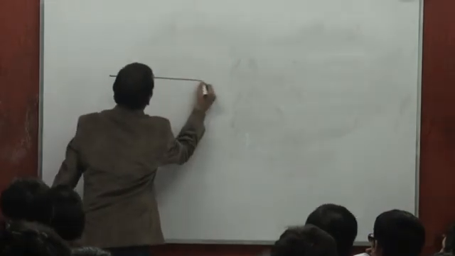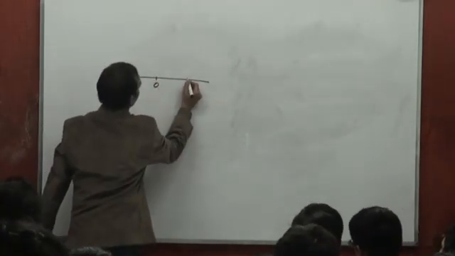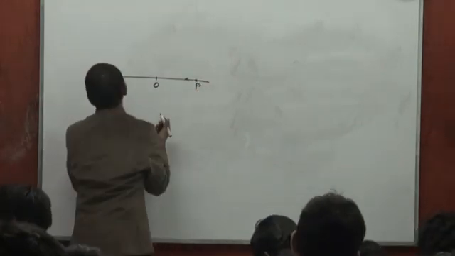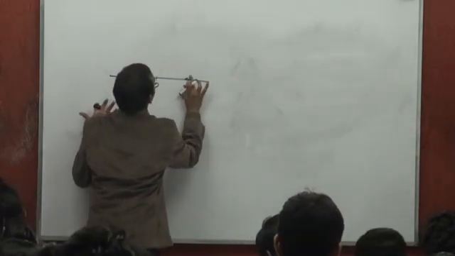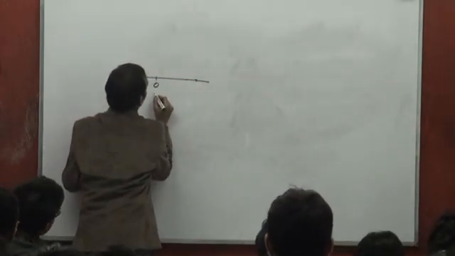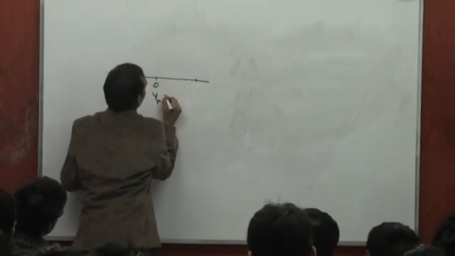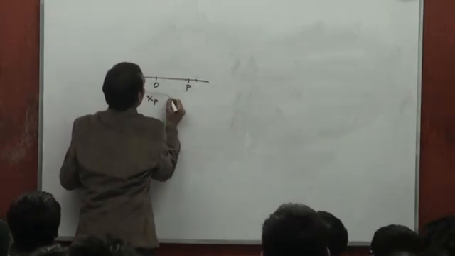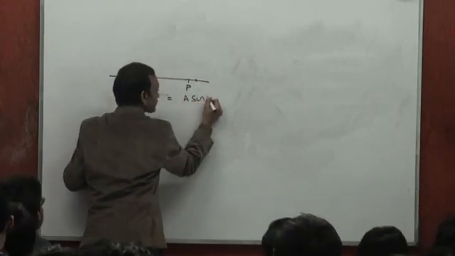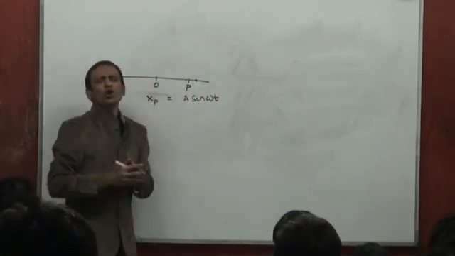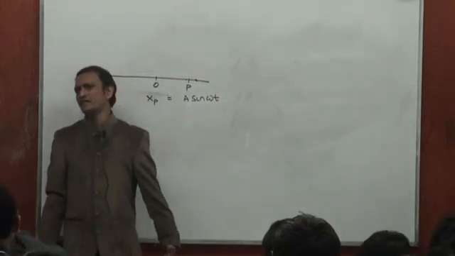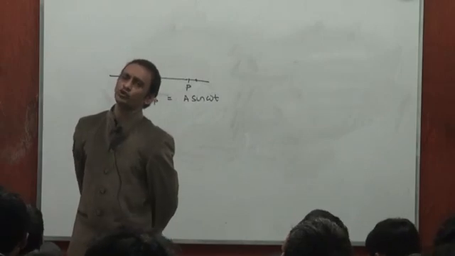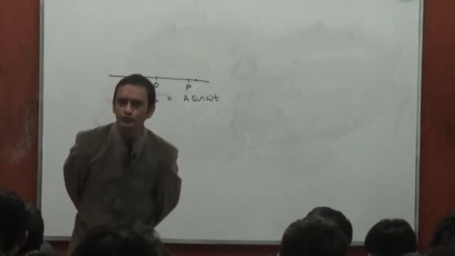And if I have to describe the motion of P, then I can always start by describing the motion of P as X of P equal to some A sine omega t. I can always assume that while it was at the mean position x equal to 0, that was t equal to 0. Who stops me from doing so?